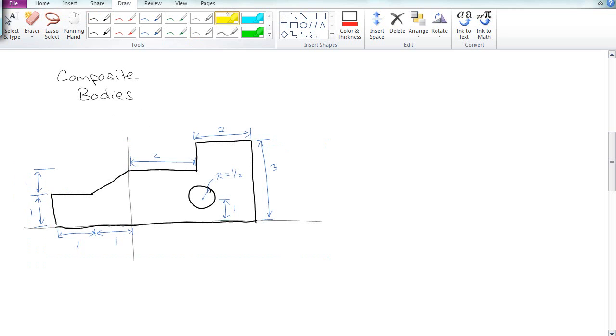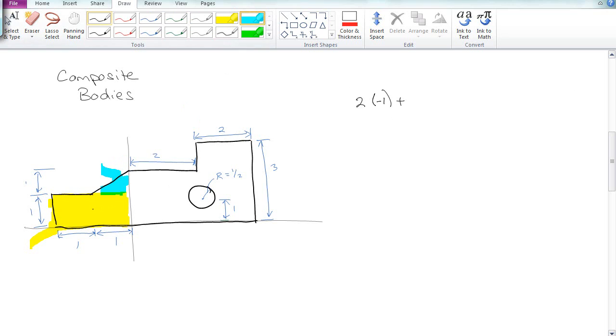As you probably know, for finding the center of mass in a composite body, what we're going to do is create a weighted average. I'm going to start by finding the area of that section. That's 2 times 1, which is 2, and its x location is at -1.